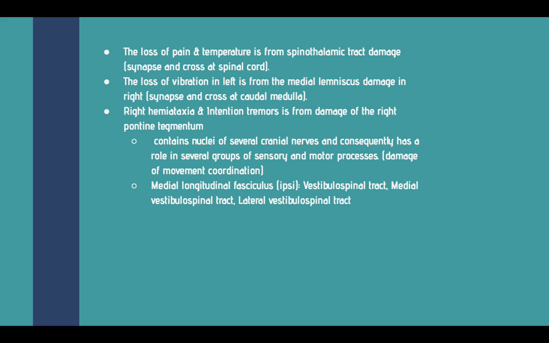And this is because the pontine tegmentum contains the nuclei of cranial nerves and also motor processes, and both of the damage has to be included in the movement coordination, which is involved in the pontine tegmentum, and the medial longitudinal fasciculus is ipsilateral, in which the tracts are located on the same side.